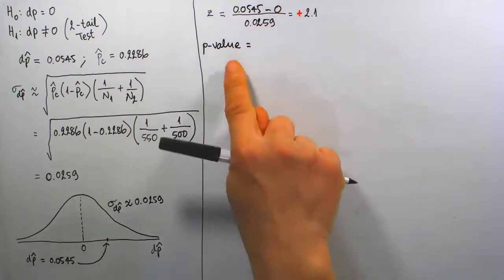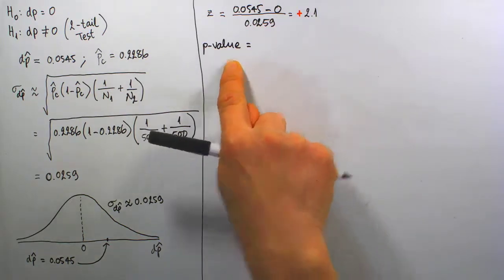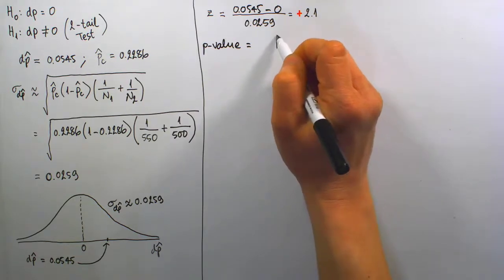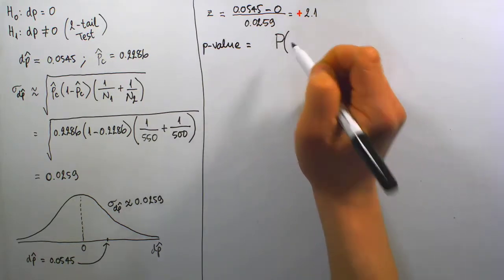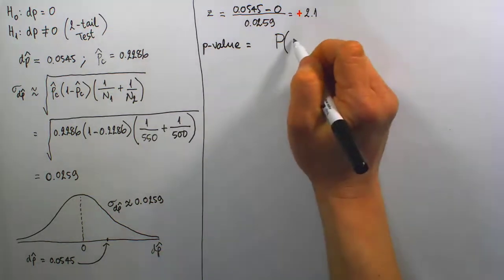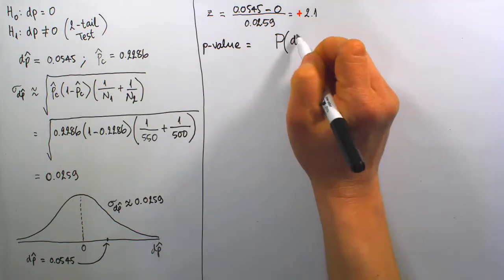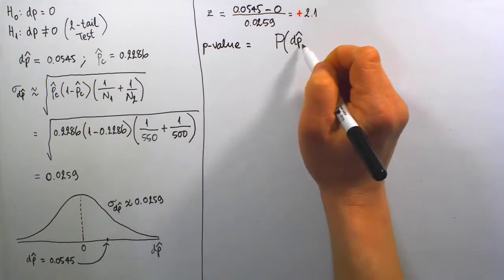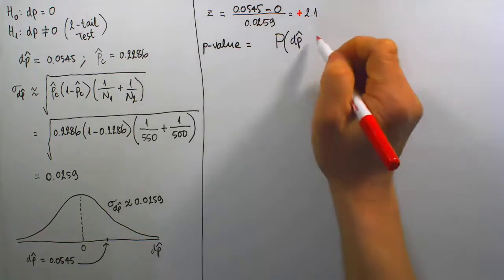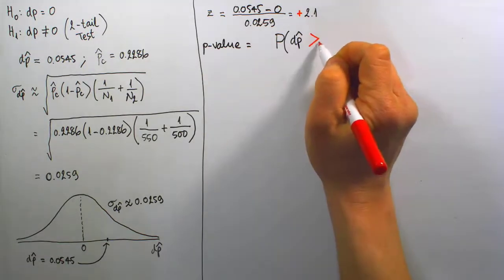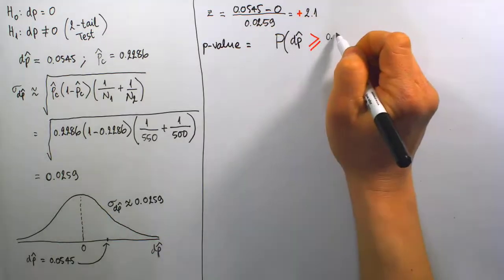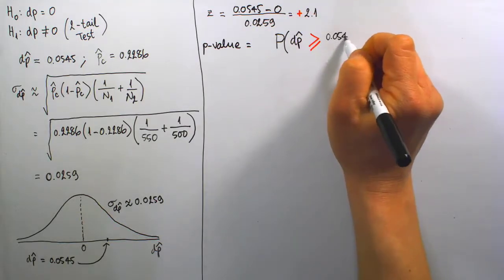So setting up the calculation for our p-value is done as follows. We are going to set up the probability calculation that on this bell curve, we are going to find a sample value, a dp hat, greater than or equal to 0.0545.